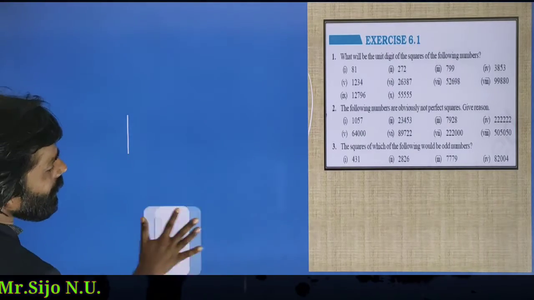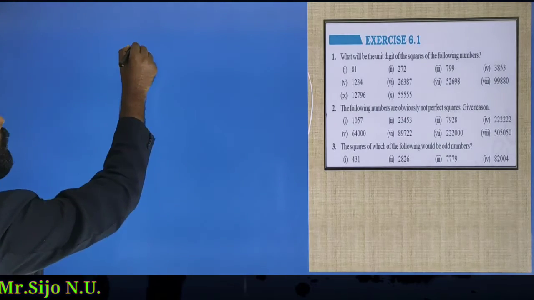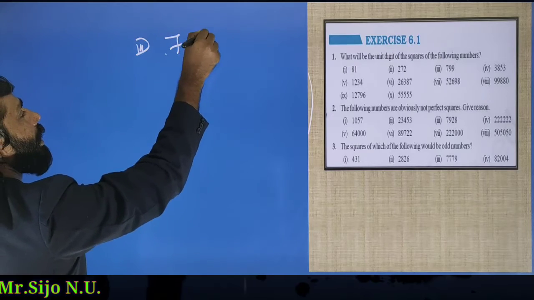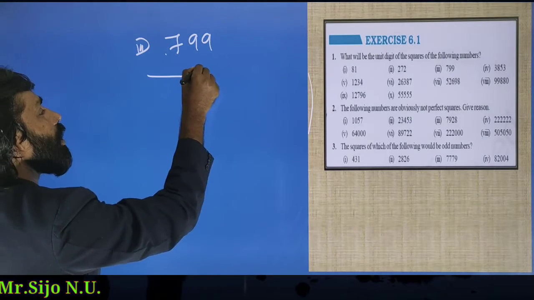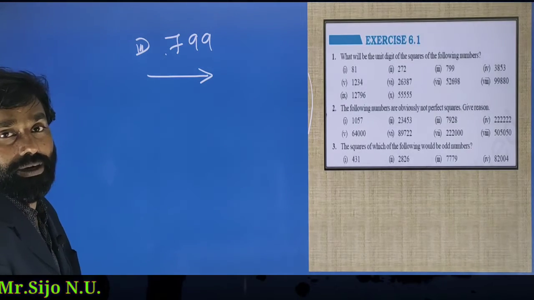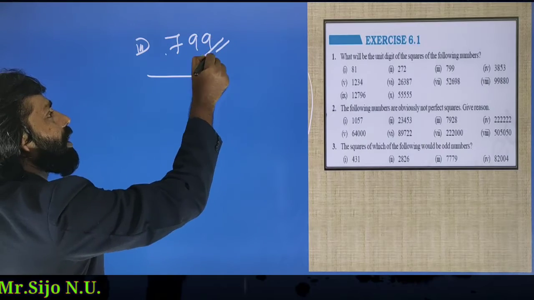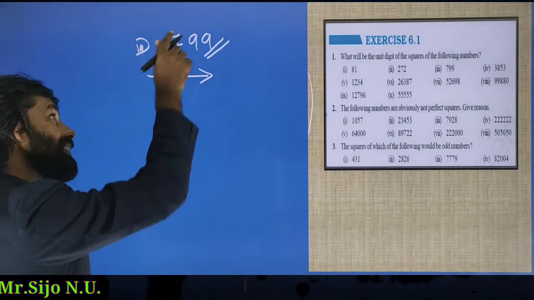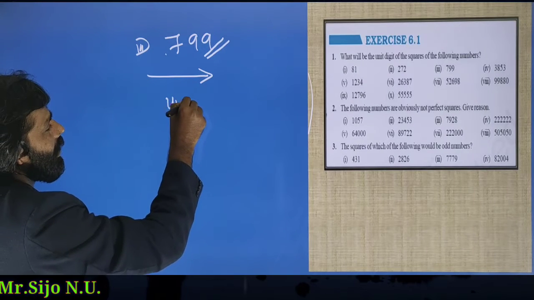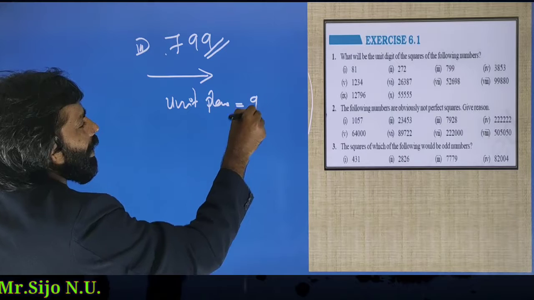Let us check some more questions. What about the third question here? The number is 799. What will be the unit place digit of the square of this number? So what we have to do first? We have to consider the unit place digit of this number. See here, the unit place digit should be 9.